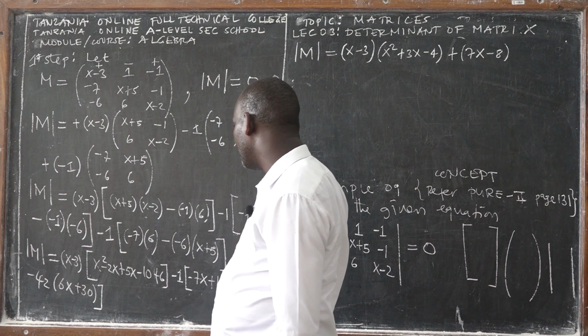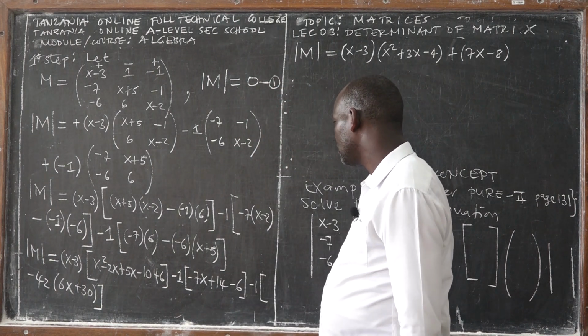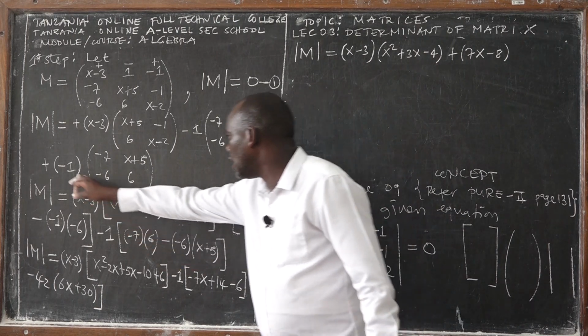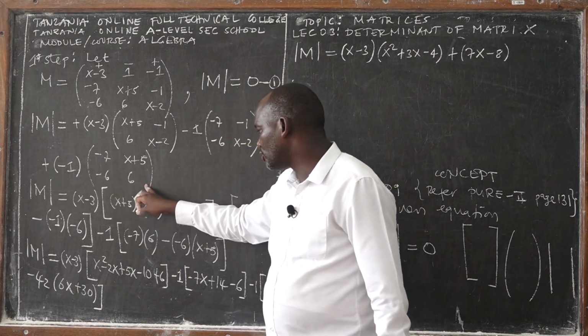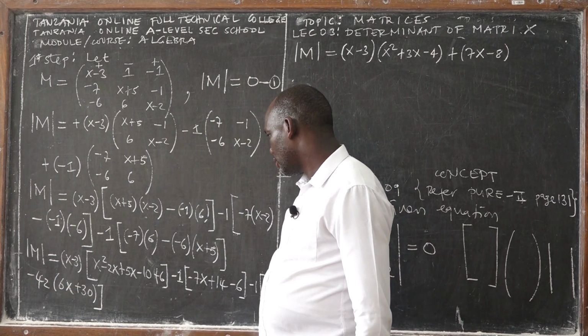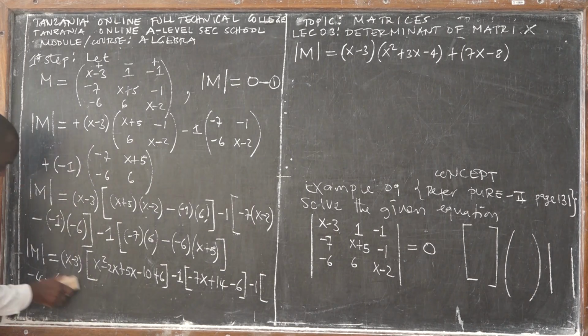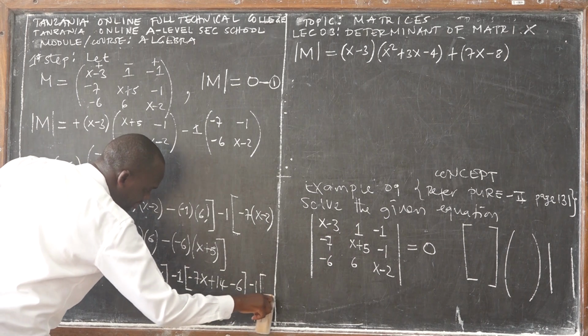Where did they get this negative 42? Negative 1, we had it here. Negative 7 times 6, negative 42. So here we made a mistake. You were there, but you didn't say anything. Especially you.